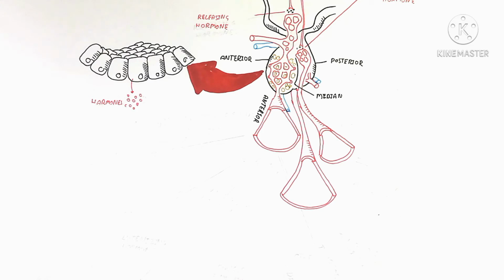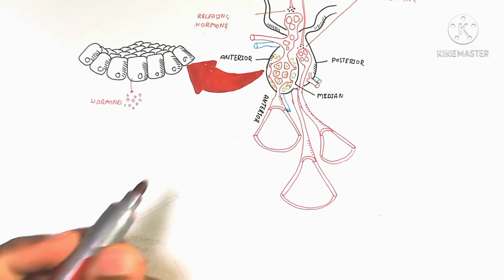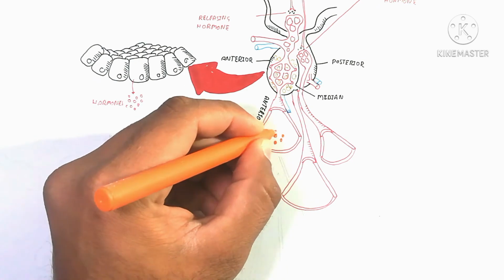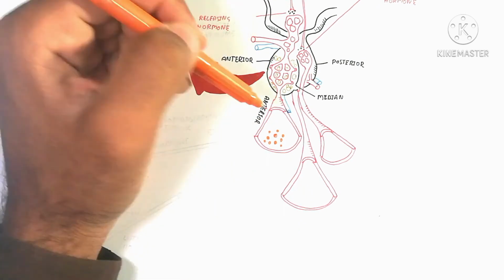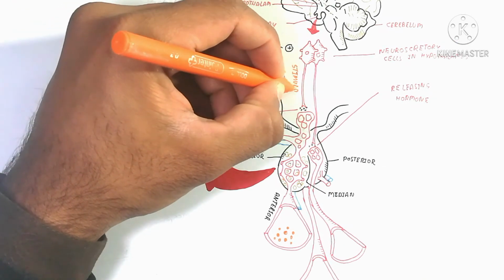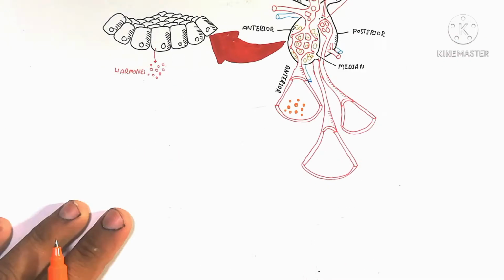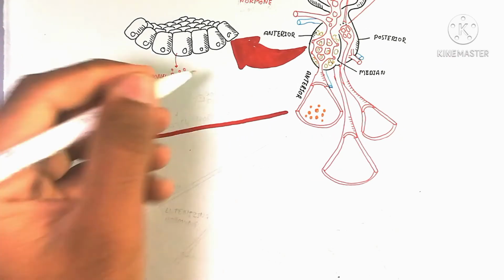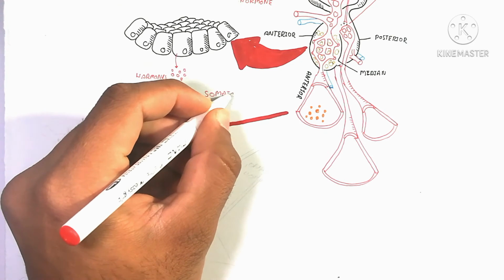The stimulus comes from the hypothalamus, which contains the neurosecretory cells.